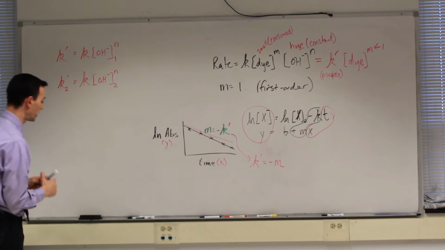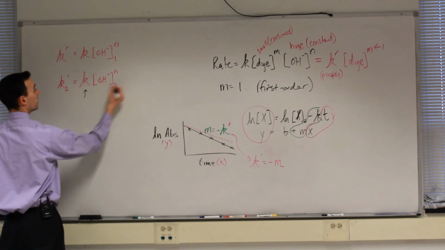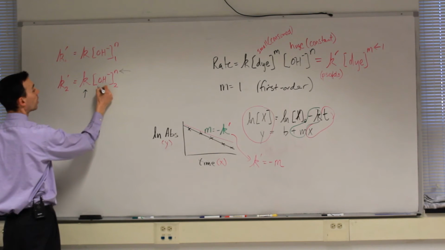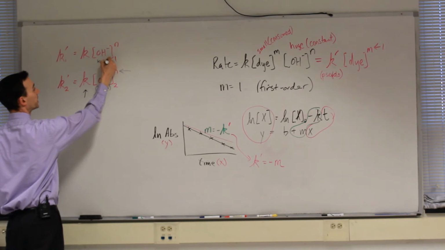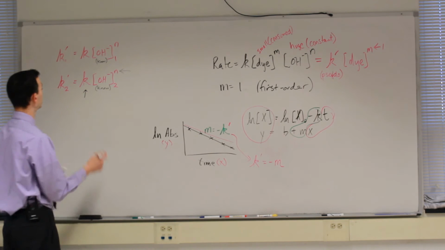Those unknowns being the true rate constant k and the order of hydroxide. You will know the concentration of hydroxide because you will measure the amount that you use during your reaction.